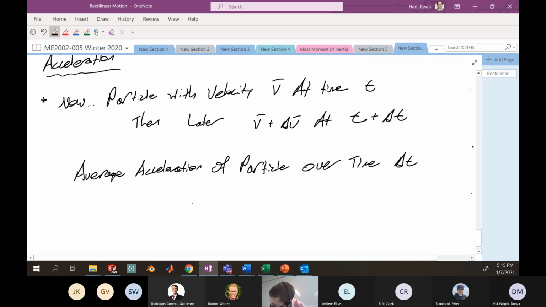So let's say we're using deltas here. The change in the velocity over the change in time. Say the average acceleration.